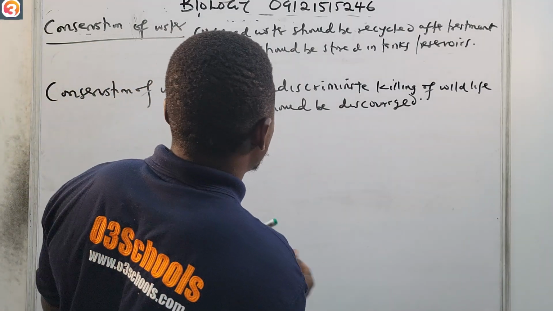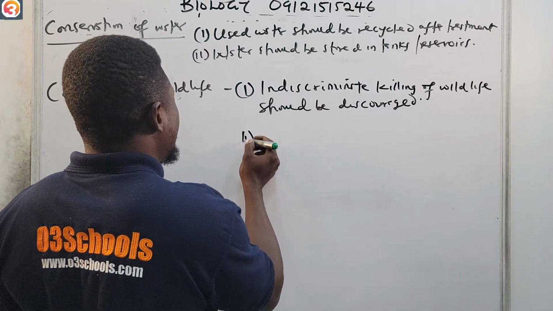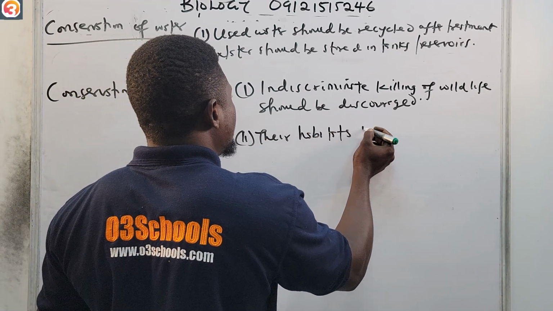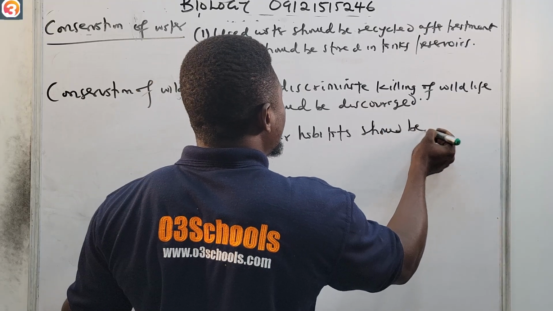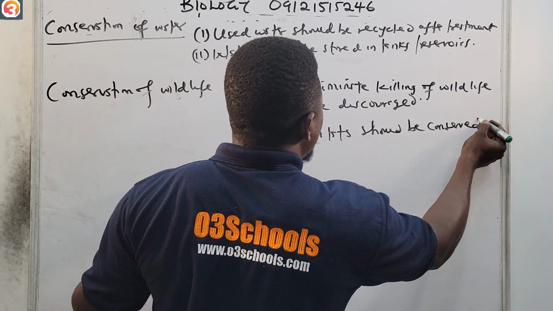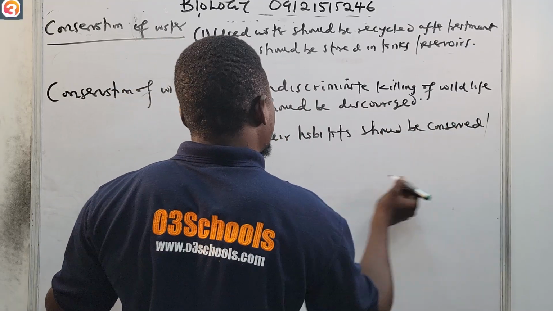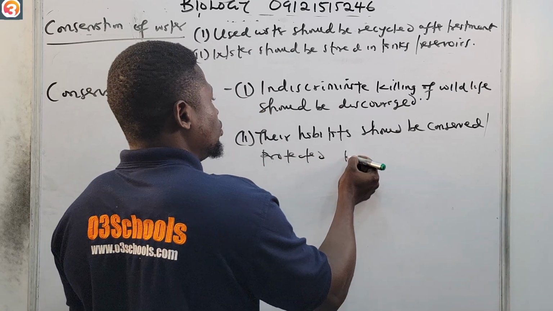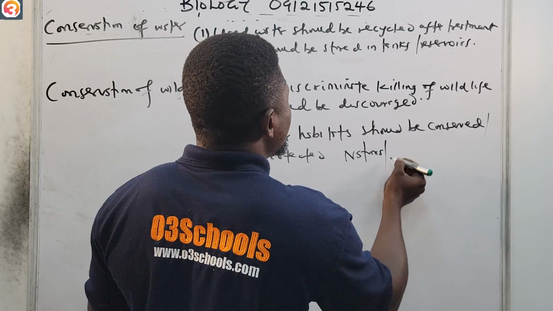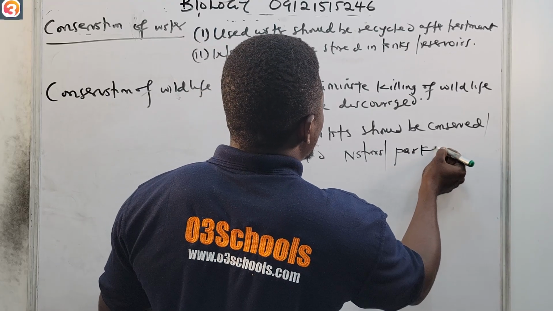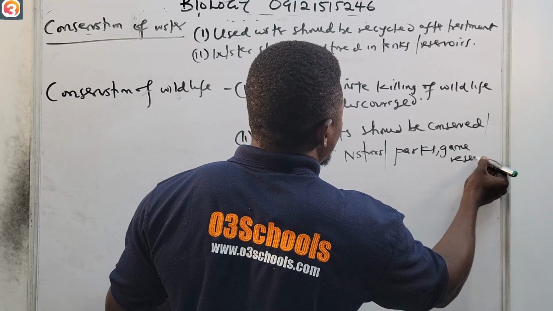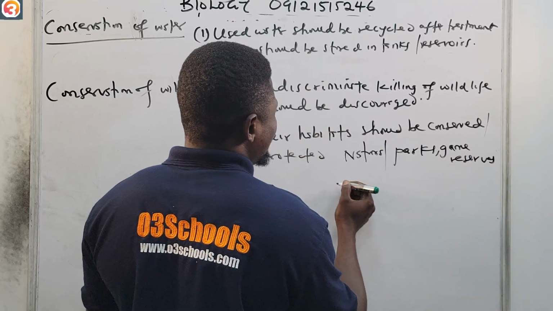Number two, their habitat should be conserved or protected by turning them to natural parks, by building natural parks, game reserves, or wildlife sanctuaries.